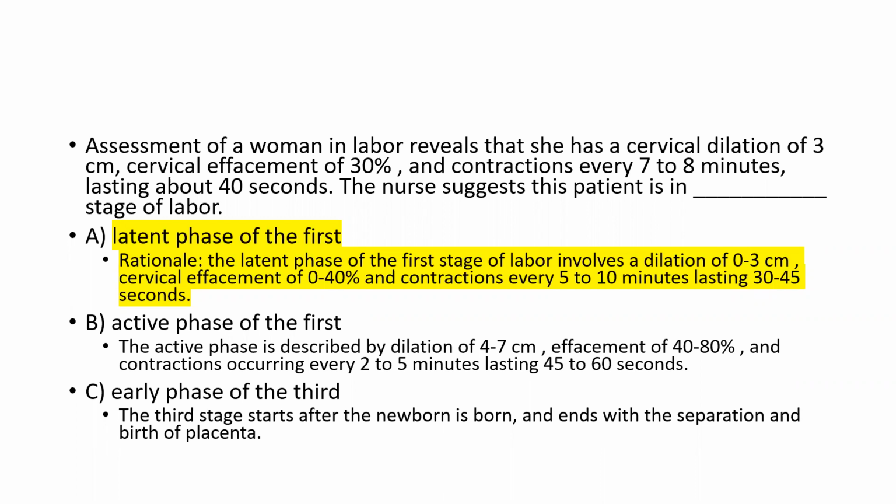Latent phase is the first phase of the first stage of labor, involving dilation of 0 to 3 centimeters, effacement of 0 to 40%, and the contractions are about every 5 to 10 minutes, lasting 30 to 45 seconds. Next would be the active phase, going into 4 to 7 centimeters, 40 to 80%, and contractions are every 2 to 5 minutes, lasting about a minute.